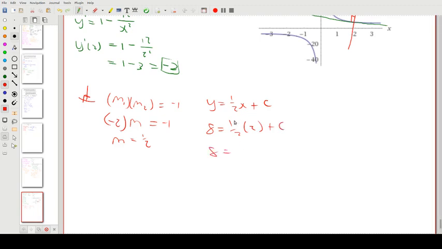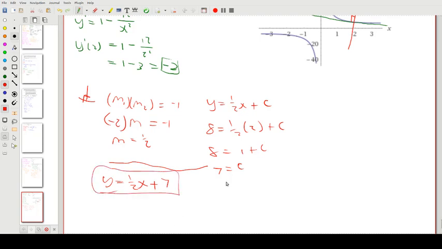So 8 equals 2 times a half is 1 plus c. So 8 minus 1, 7 equals c. So our final answer is y equals half x plus 7. Right. And that is our answer. So that is the equation of the line perpendicular to the tangent at the point A.